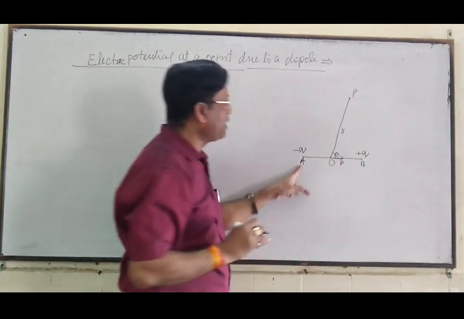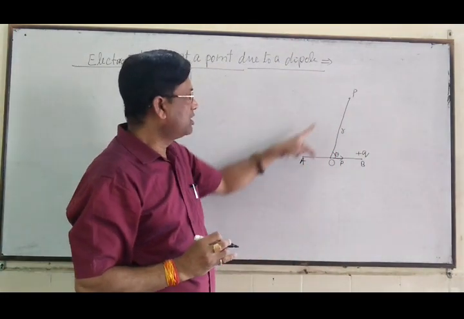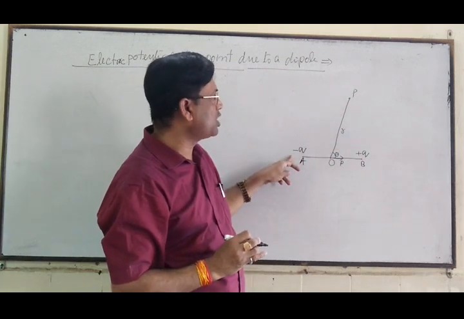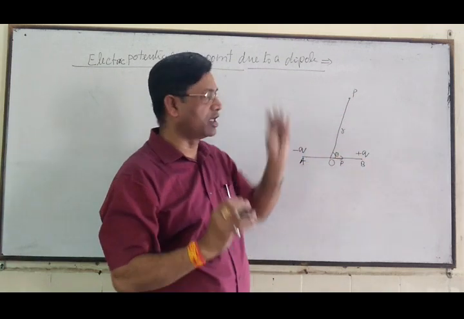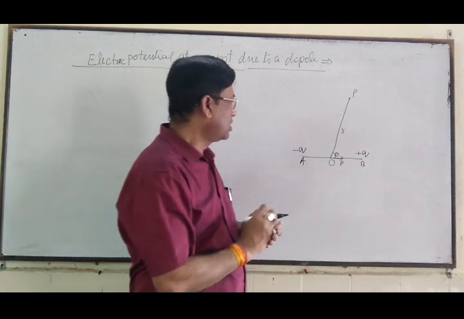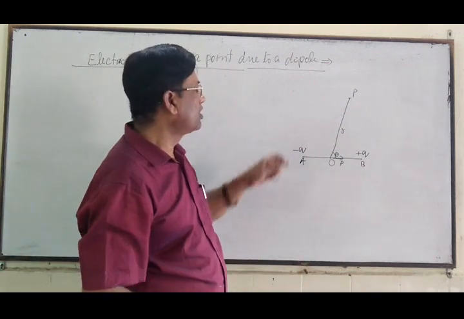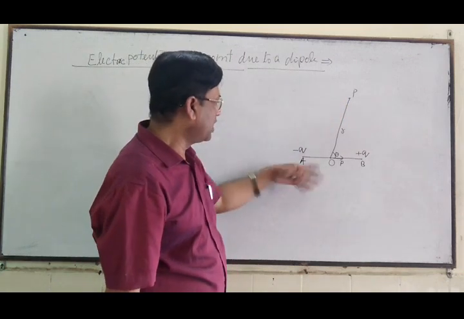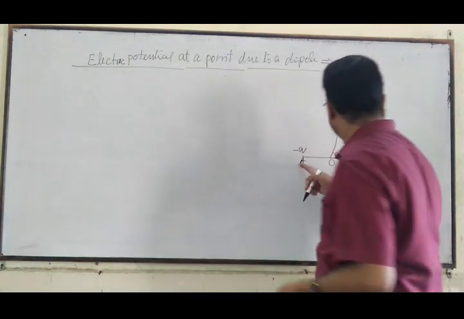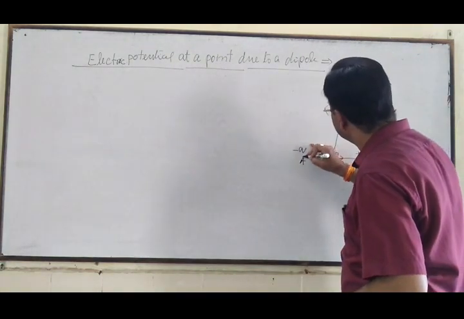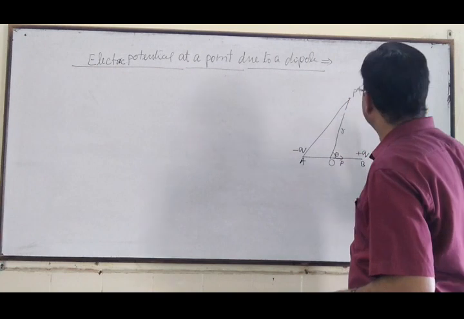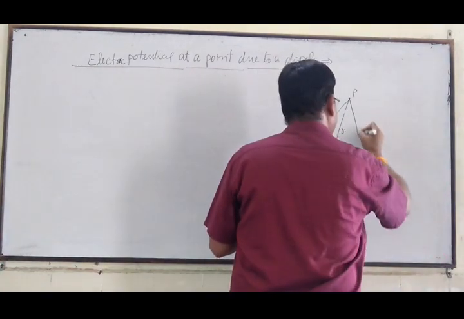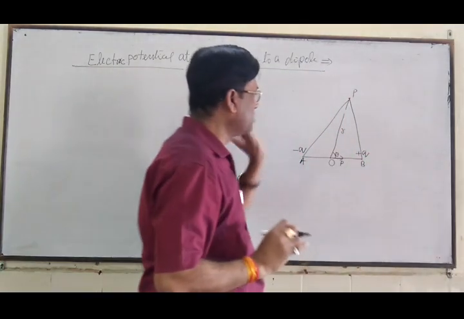Now at point P there will be a potential due to the minus q charge and a potential due to the plus q charge. In order to calculate the net potential at point P, we join minus q to P. This is the distance PA.